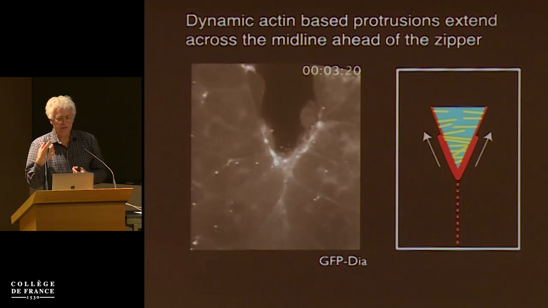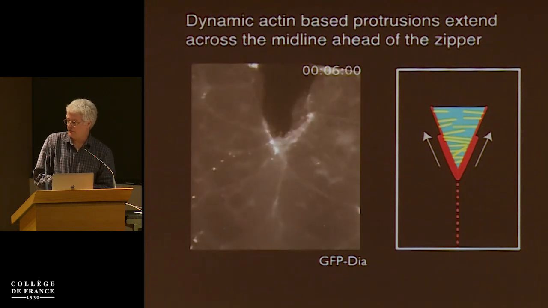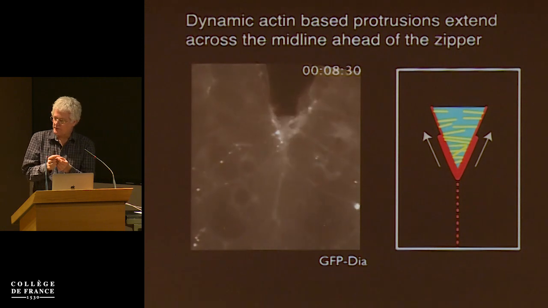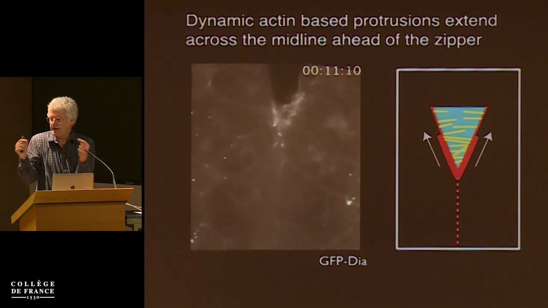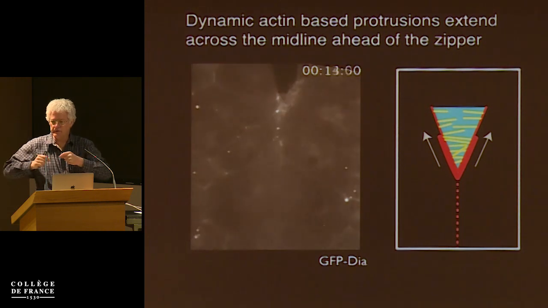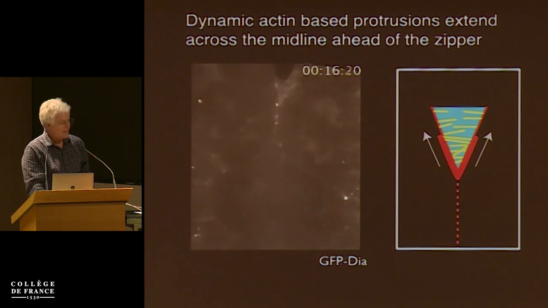And so that's the basic idea that emerges from this, which of course we now have to test further, is that there's, again, a tissue-level feedback loop in which local coupling of short-range signaling bidirectional across the midline to initiate contraction leads to an advance of the zipper, which allows the next set of cells to signal and so on.